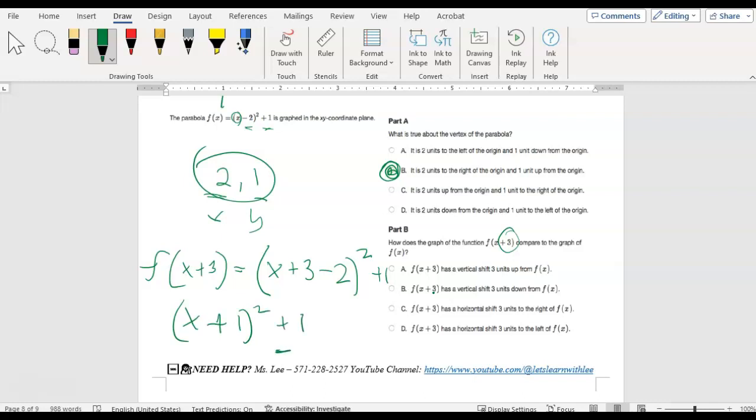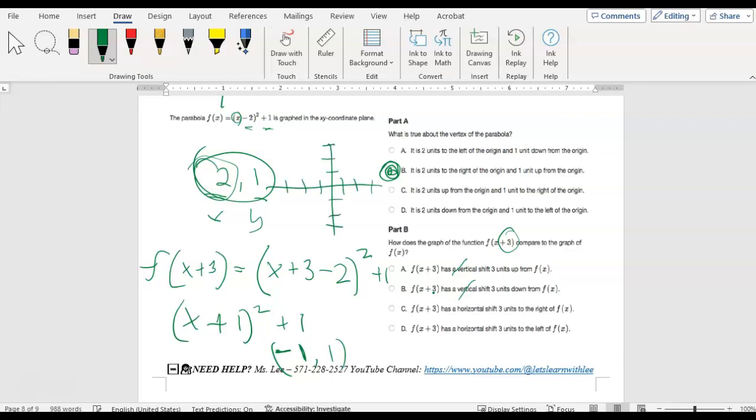Now my vertex is -1, 1. So the y value hasn't changed at all, but my x value has changed. So because the y value hasn't changed, the vertical shifts are not happening. It's not moving up and down. It's moving side to side. And so if it becomes -1 and it's going from +2, right? If it's helpful, draw a little graph here.